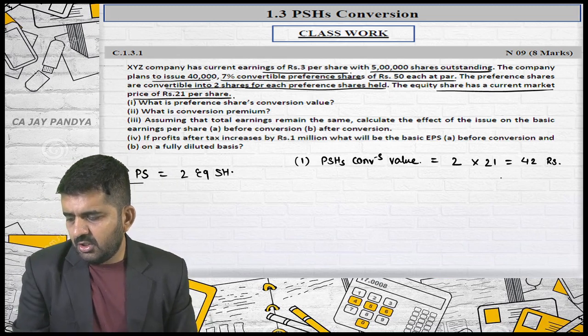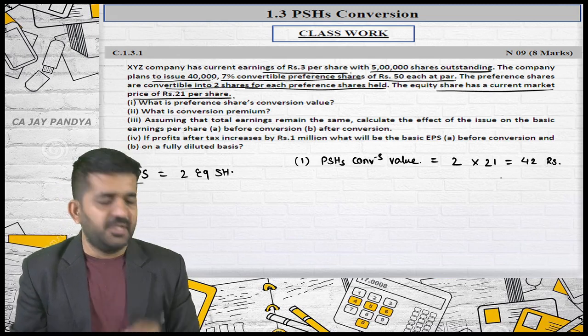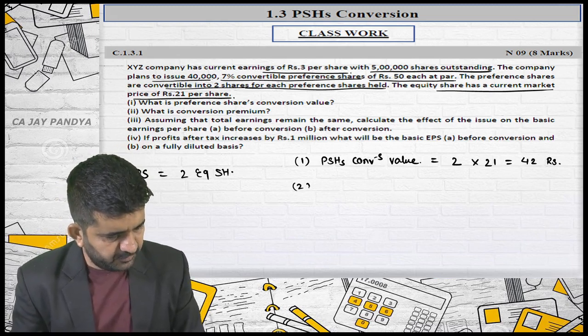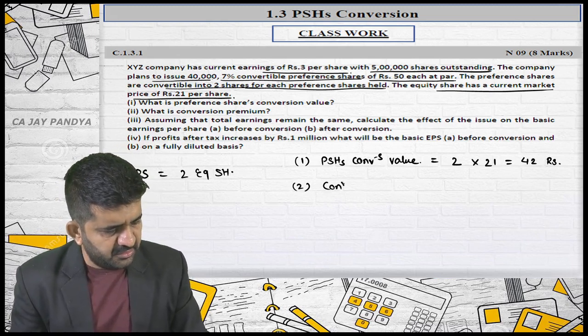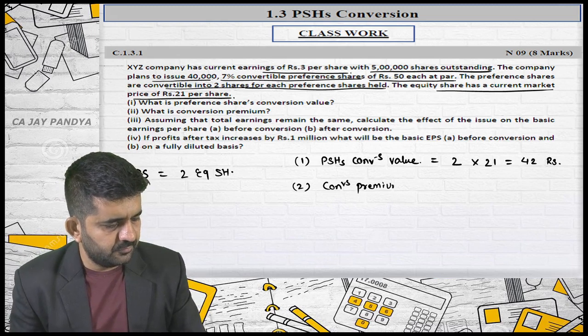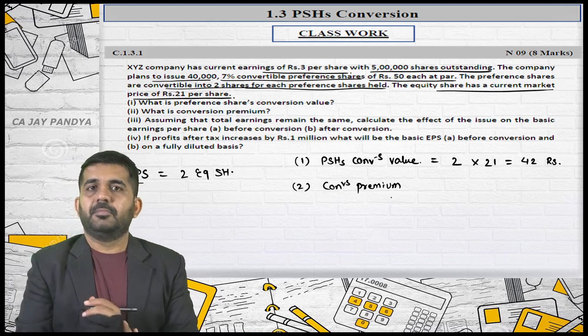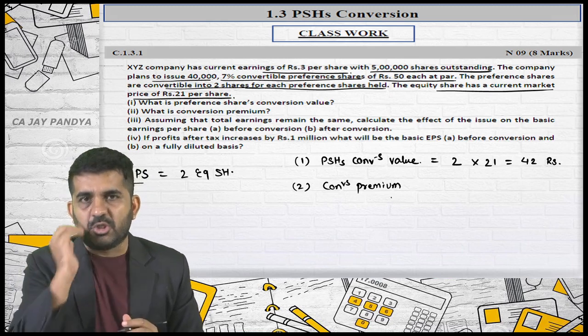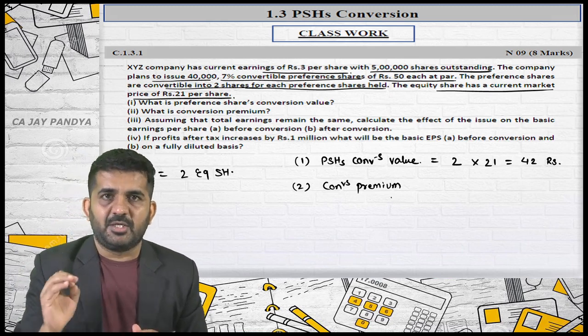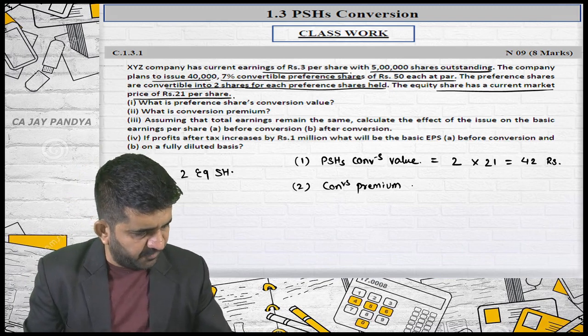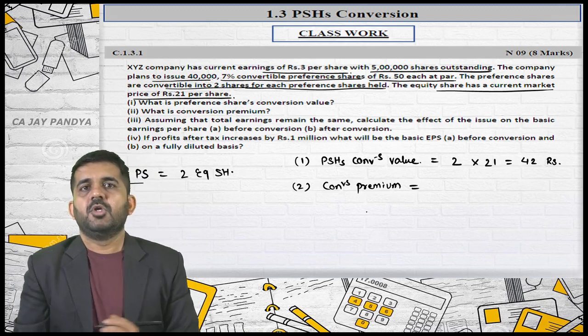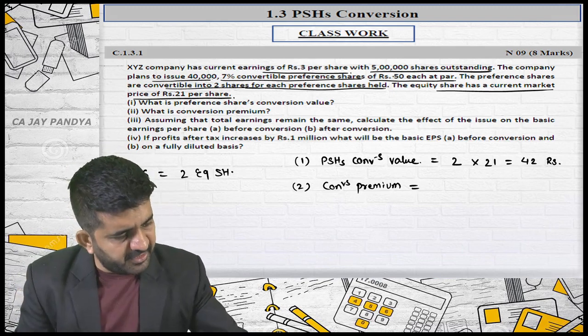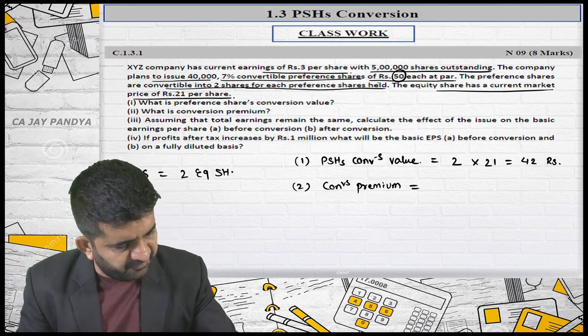What is conversion premium? Is it all right? Please concentrate, the premium is negative, but let me first find out conversion premium. What is the current market price of the preference shares? 50?